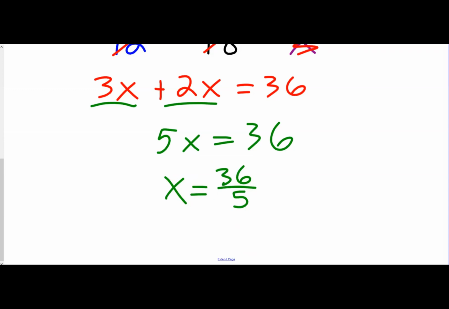It takes them 36 over 5 months. Weird. Okay, so since this is a word problem, I will allow you to do the division and figure out what the actual number is. So if you actually take 36 divided by 5, you get 7.2 months. So if they work together, they get it done in 7.2 months.